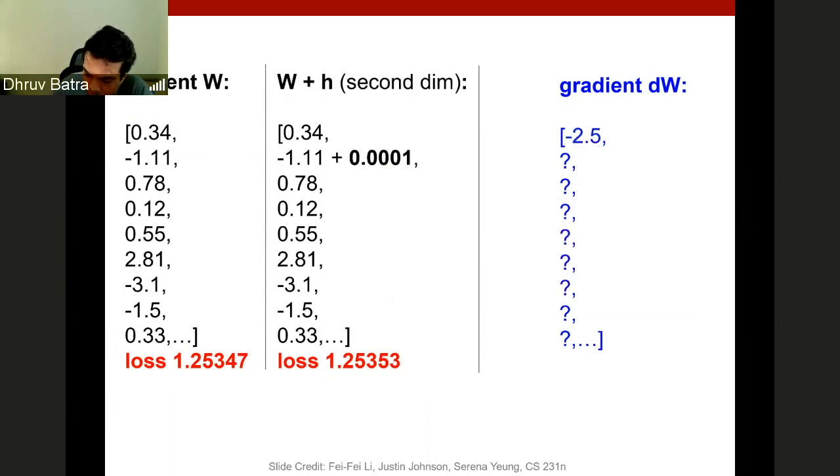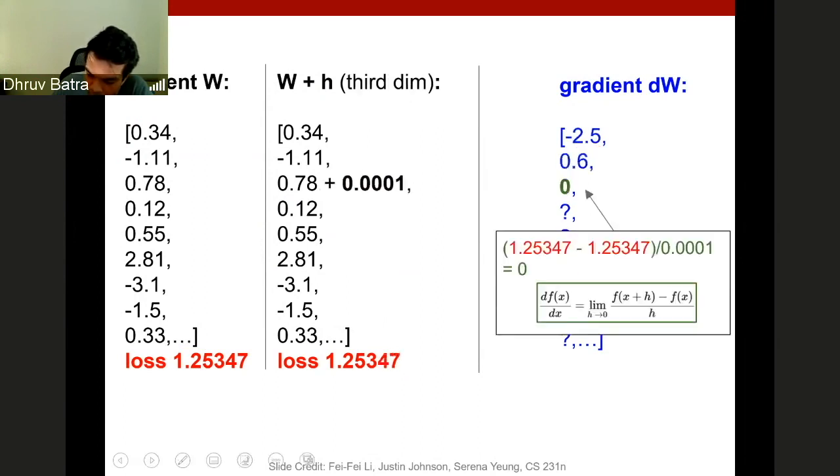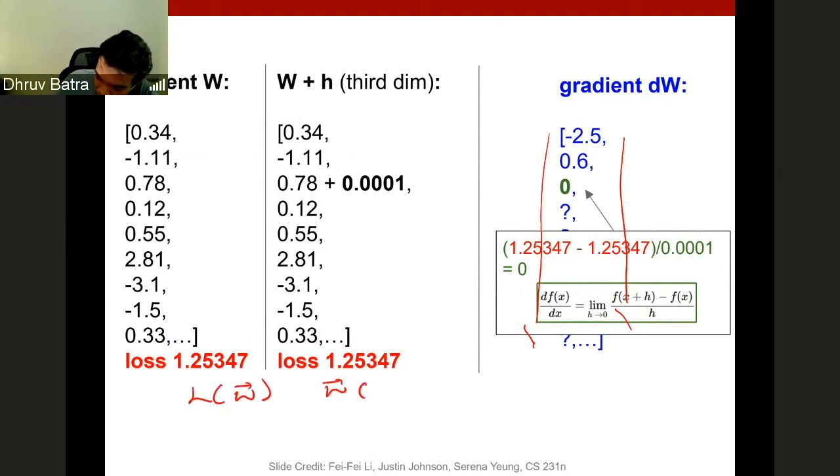And now I'll just repeat this for every coordinate. I will compute the L value and repeat for every coordinate, and then I'll be able to form a vector of gradients that way. It should be obvious why this is a bad idea, because if I have an L of W where W belongs to R^D, where D is 1 billion parameters, I have to keep writing a for loop for each of these settings.